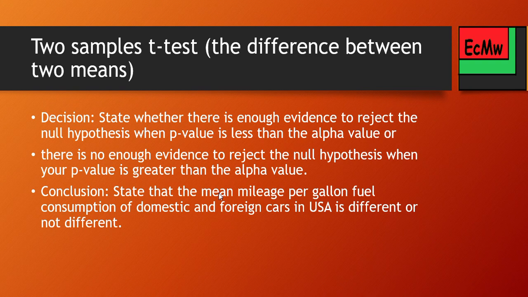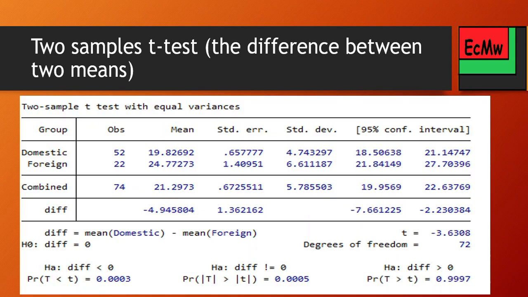In Stata, after running this two-sample t-test, we'll get something like this. This is the output from the two-sample t-test, and it shows us the mean fuel consumption for domestic cars and foreign-made cars. This is the mean for domestic, and this is the mean for foreign.